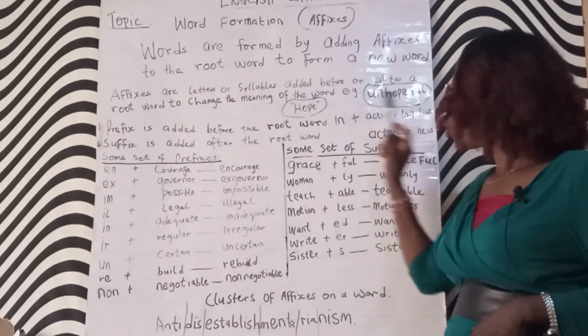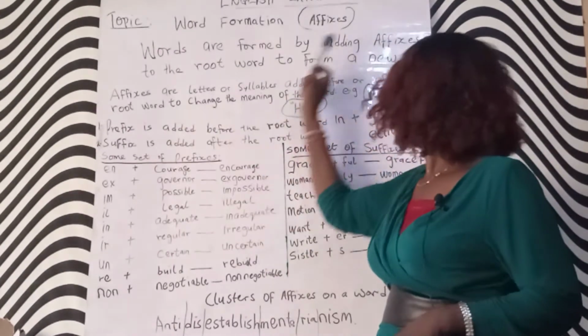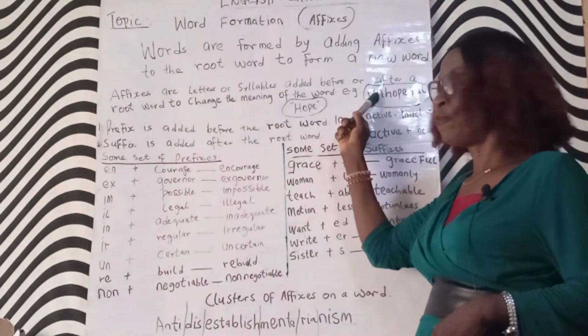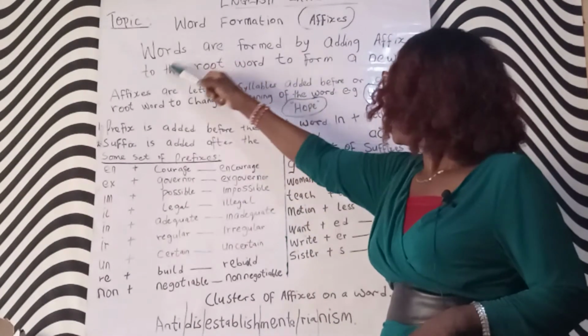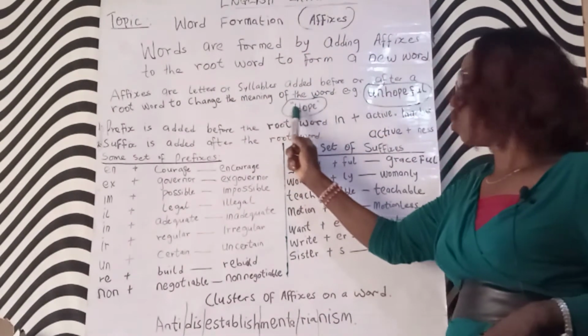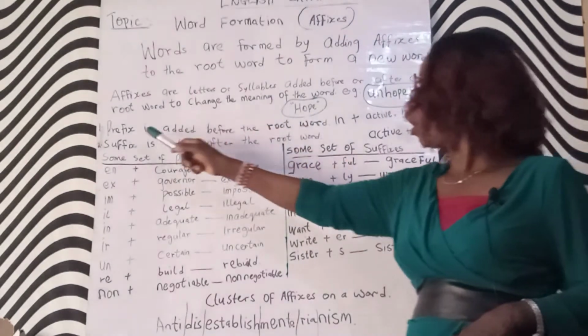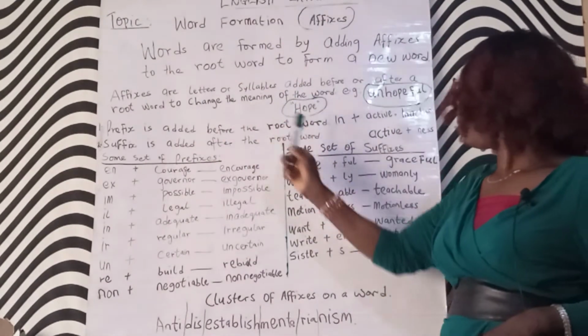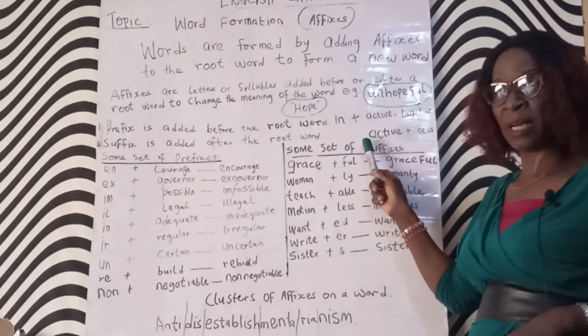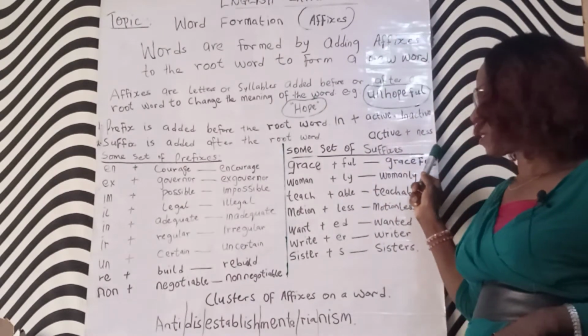So when you add an affix before a root word, it is called prefix. When you add an affix after the root word, it is called suffix.